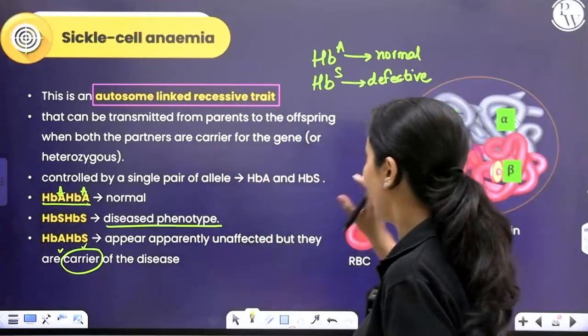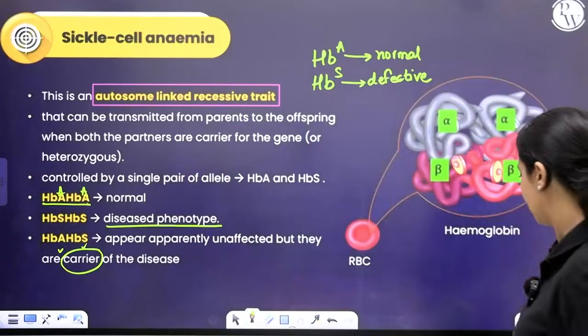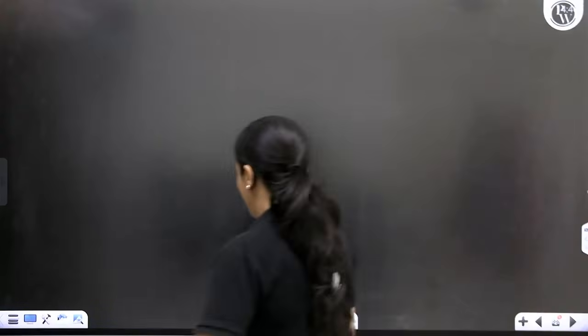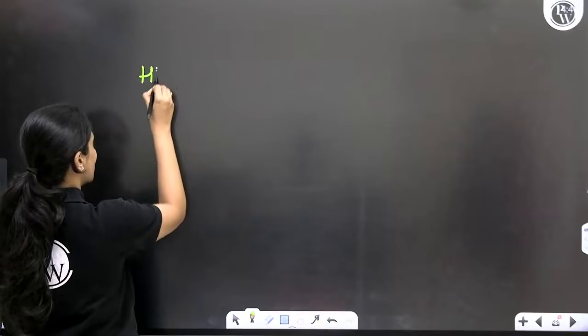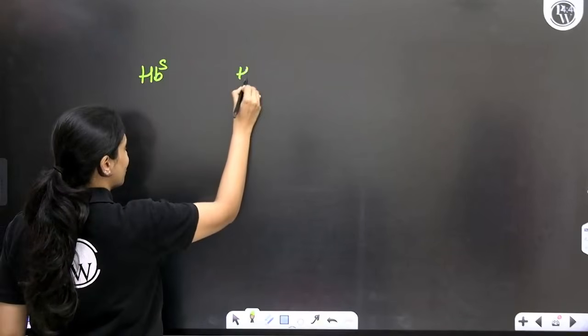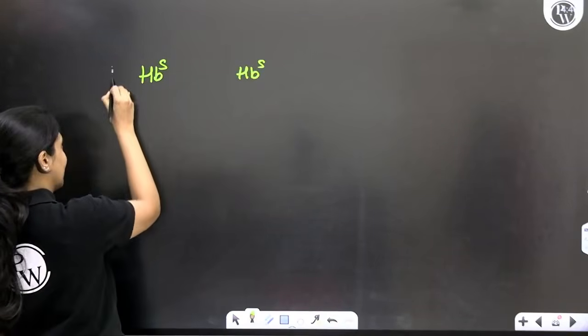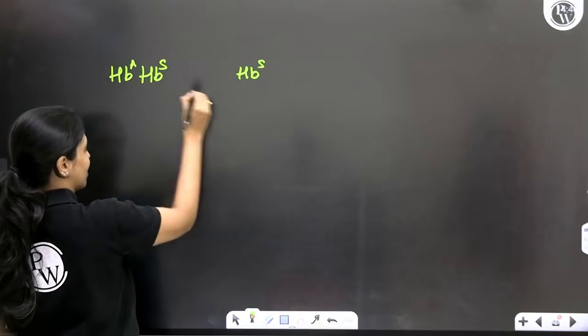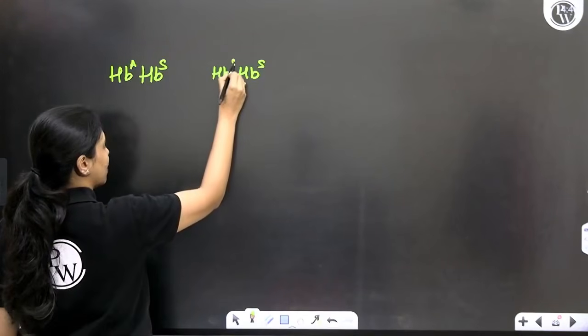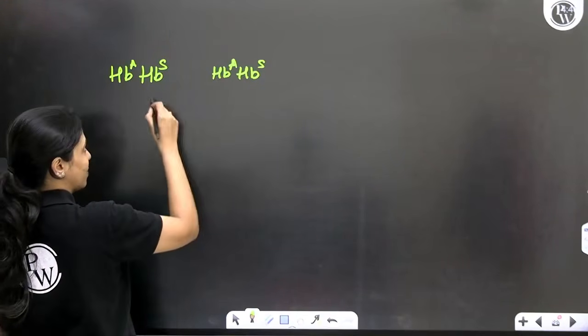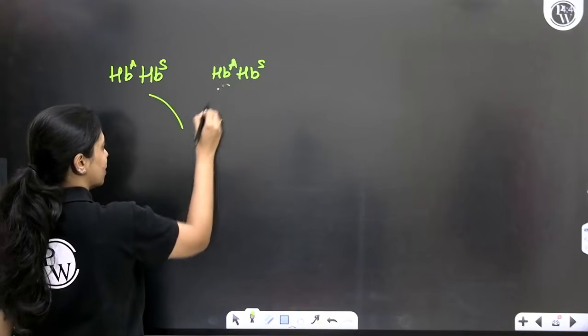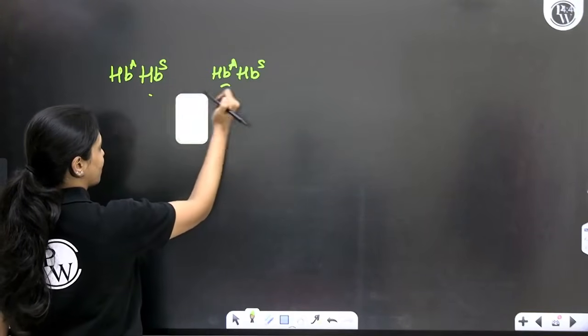Okay. So, when does an individual get sickle cell anemia? Mother also should have the defective allele. Father also should have the defective allele. So, when they are carriers, it is possible for them to have a child with sickle cell anemia.